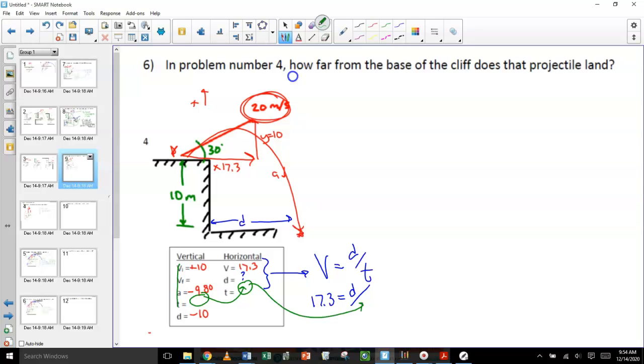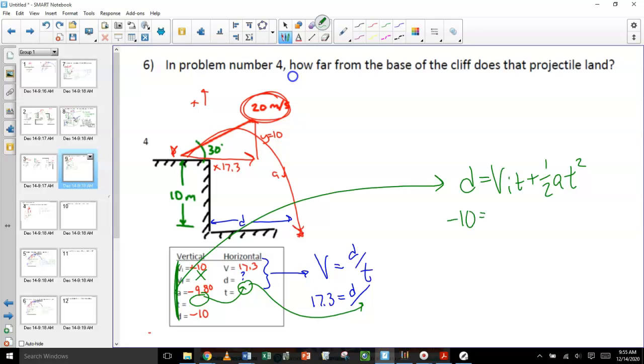Let's use all these things here to find our time. I think we're going to use the one that doesn't involve the final velocity. So this one, d equals vit plus 1/2 at squared. Now negative 10, my initial velocity is positive 10. Time, oh boy, I can see what's going to happen already.